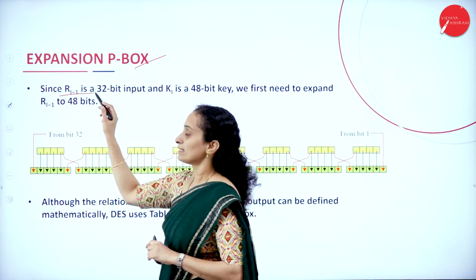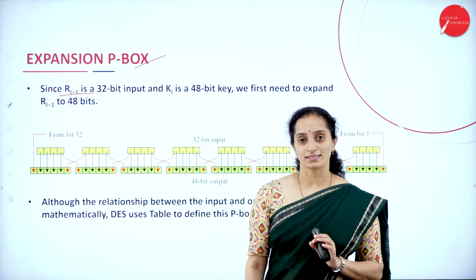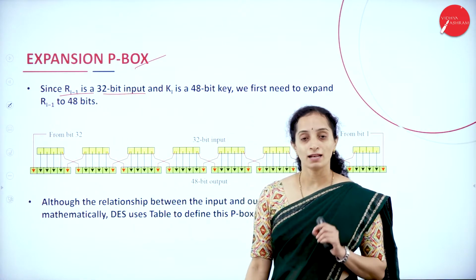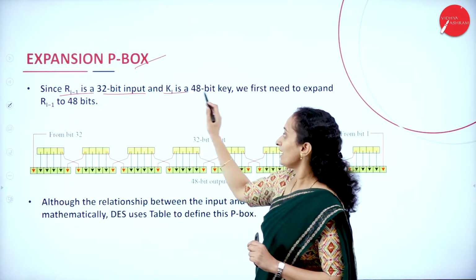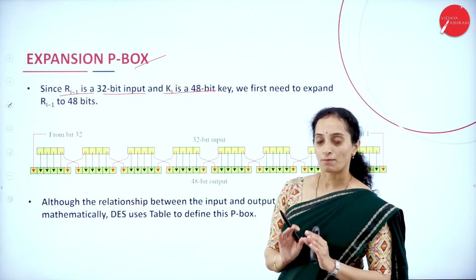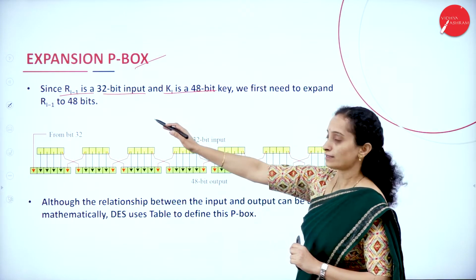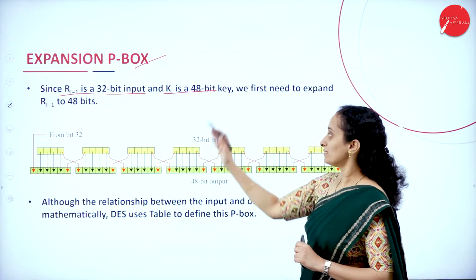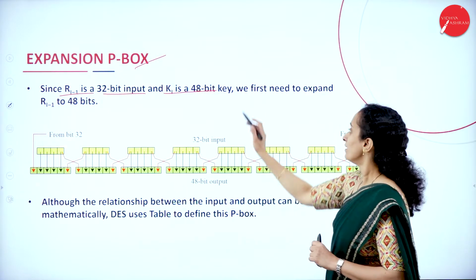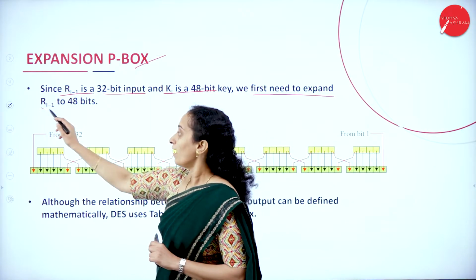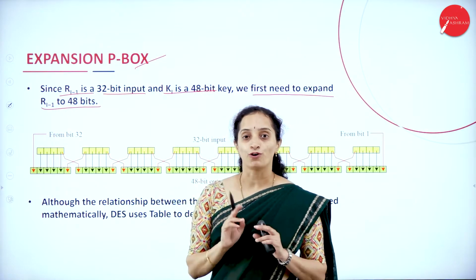Since the first step is a 32-bit input Ri-1 and the key is a 48-bit key, you have to combine the two. We first need to expand Ri-1 to 48 bits.